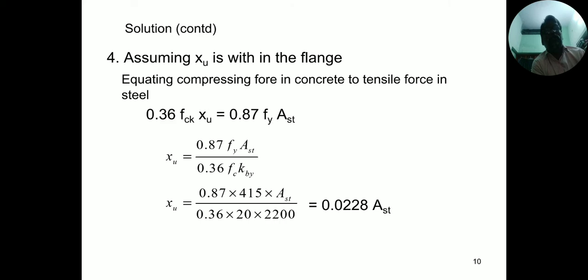BF is equal to 2200, that is 0.87 into 415 into AST divided by 0.36 into 20 into 2200, which is equal to 0.0228 AST.